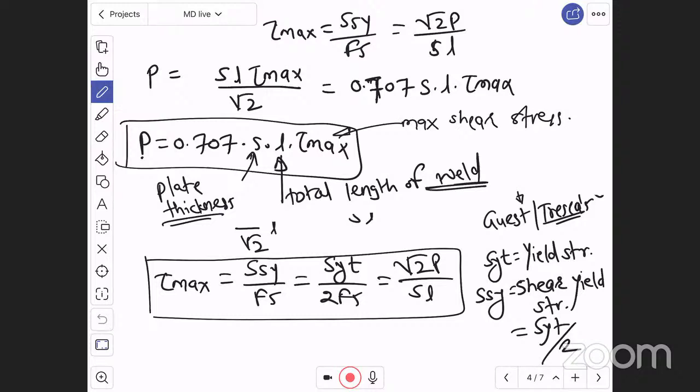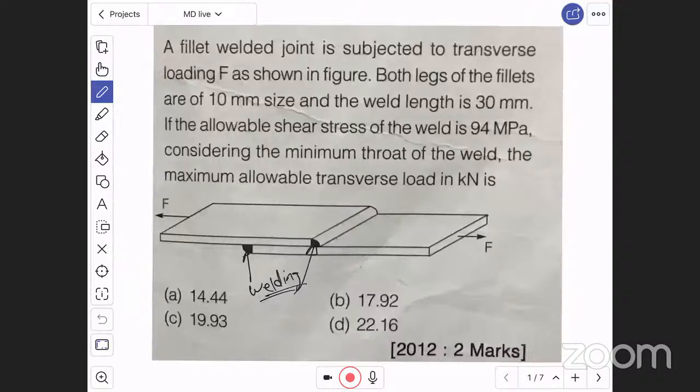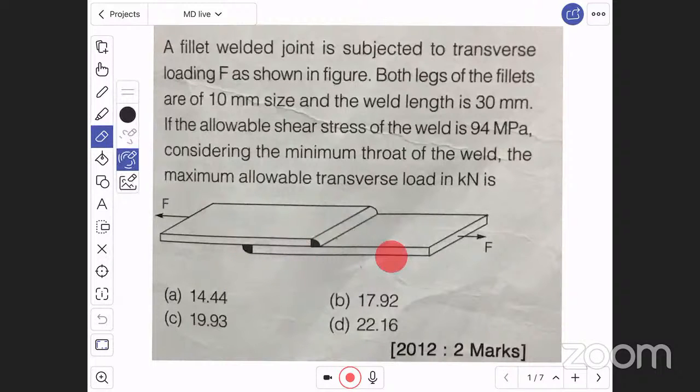Now let us go for the solution of the first question. After learning this formula, we are going to solve the questions one by one. The first question is on fillet weld. This question was asked in GATE 2012 for 2 marks.